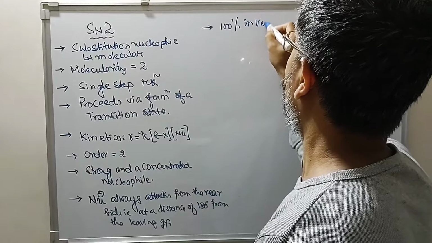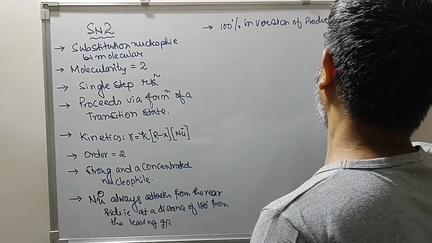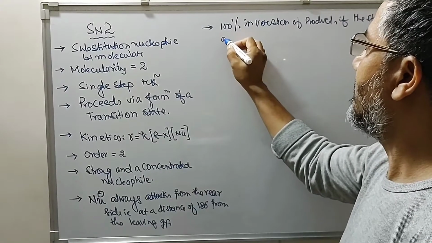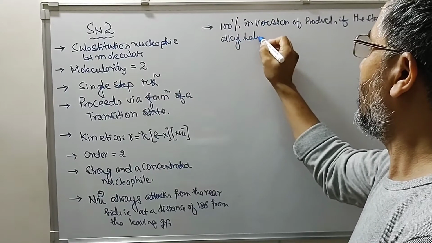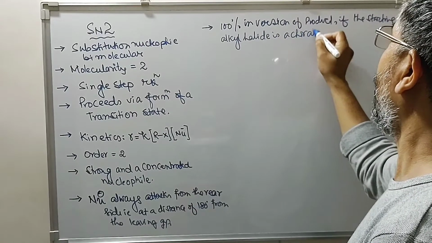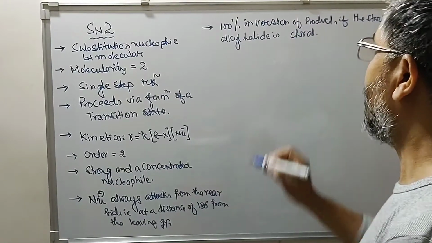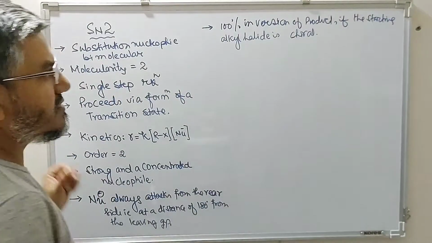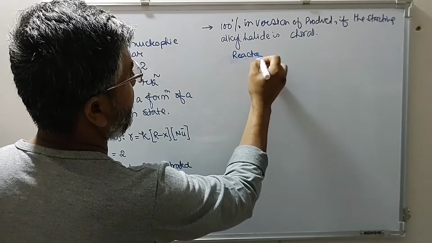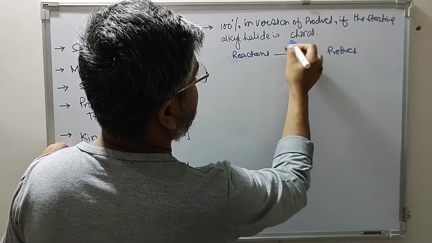If the starting alkyl halide is chiral, that means if the starting compound has S configuration, this is the reactant, this is the product, and this is the reaction with a strong nucleophile.